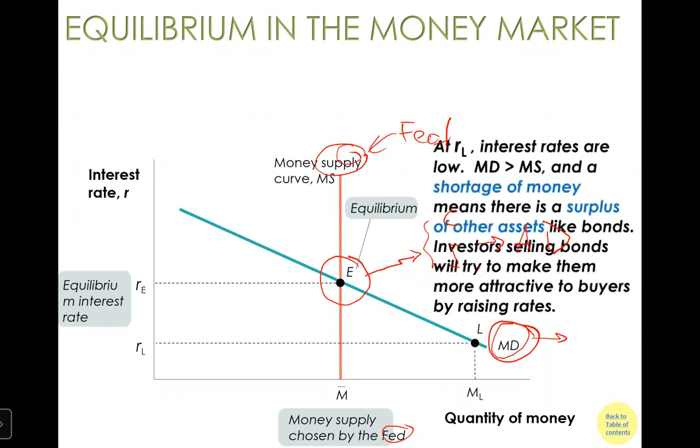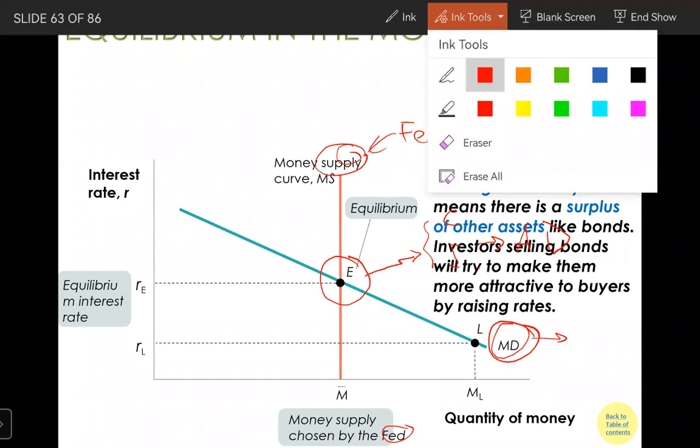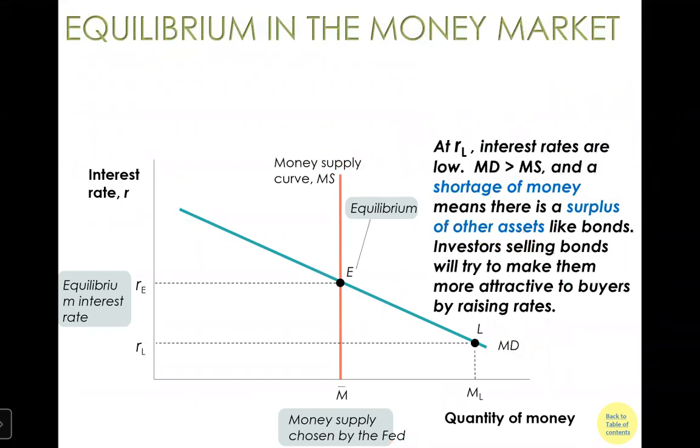Say, for example, the current interest rate is RL. Look here: this is the money supply we have, this is the money demand we have. Meaning there is a shortage of money, because you demand more than you can supply.